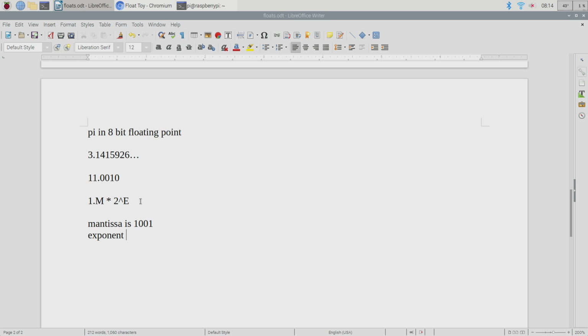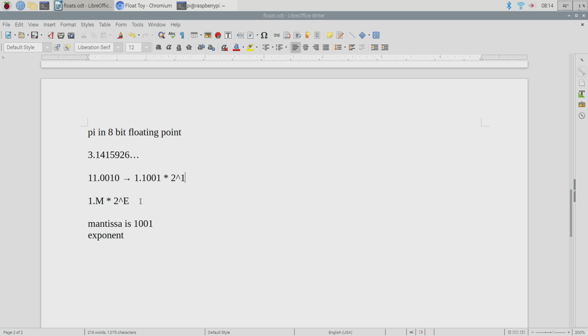Okay, what's our exponent? Well, first off, I need to write this as 1 point something. If I move the radix to the left 1 place, then I have to compensate by multiplying by 2.